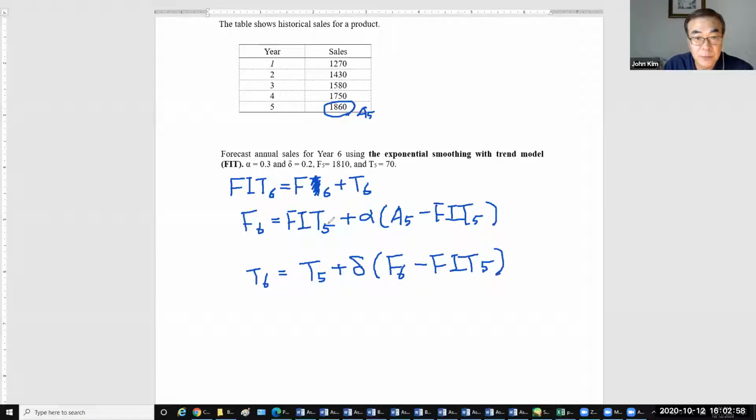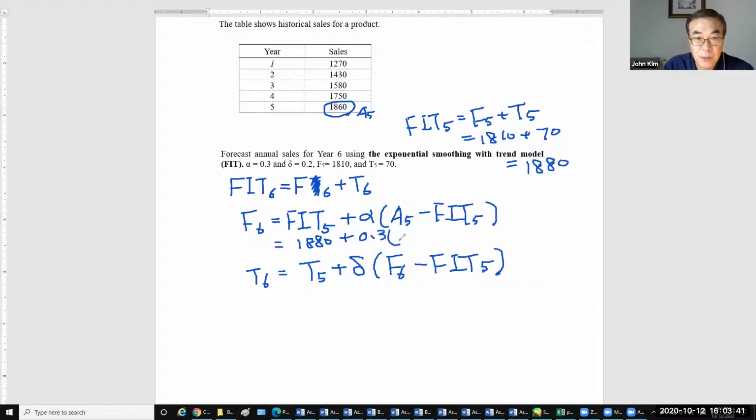So to get this F6, we need FIT5. FIT5 equals F5 plus T5. So F5 is what? 1810 plus 70 T, so equals 1880. So we can plug in 1880 plus alpha is 0.3.